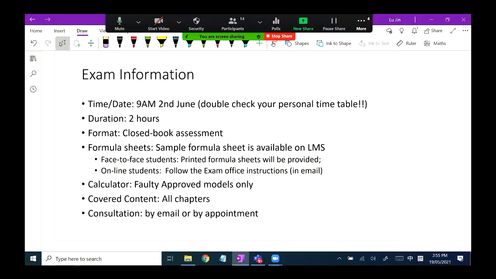For the online students, as I know, the new exam platform may have some issues. They said the attachment of the online exam may not be accessible in some cases. I don't understand why, because I have never used that before. So just in case, all the online students are required to print out your own formula booklet before going to the exam.